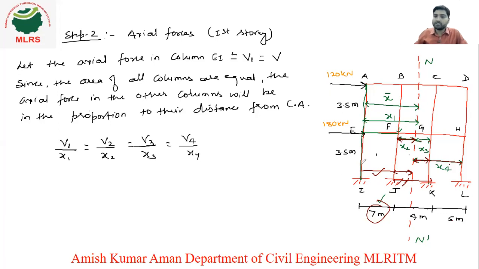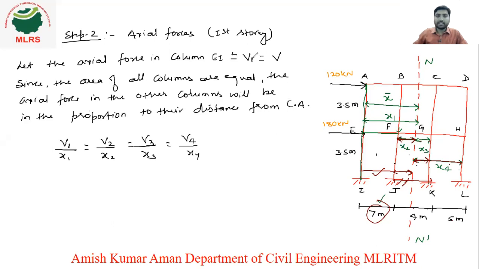Means the axial force in each column divided by its distance from the CG will be proportional. This is our second assumption of the cantilever method, right?